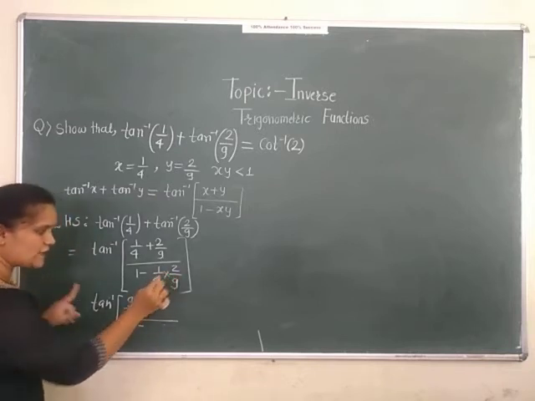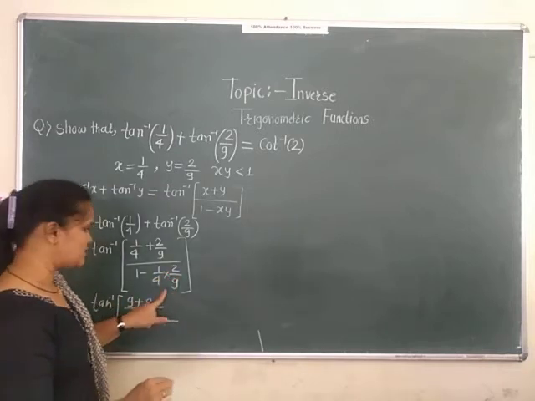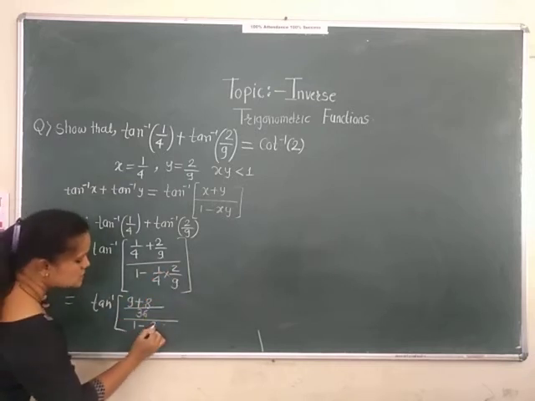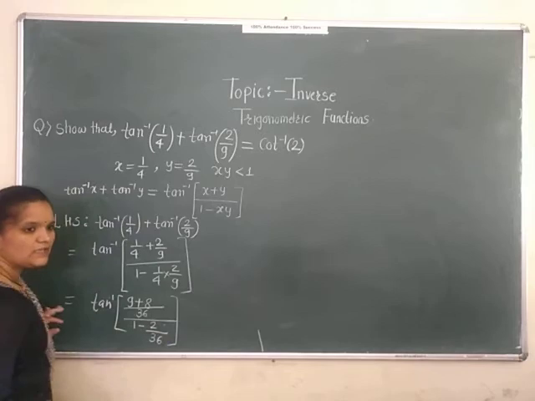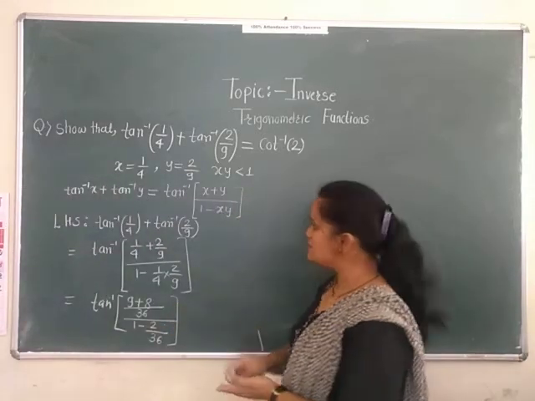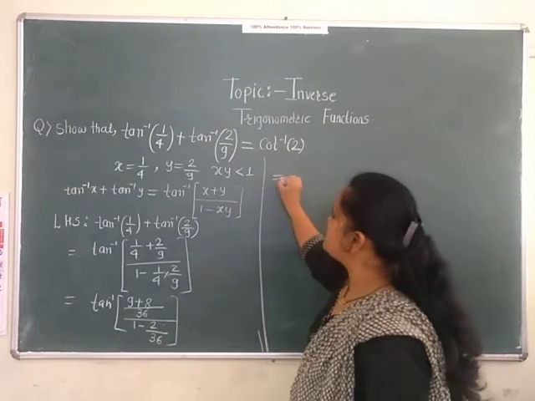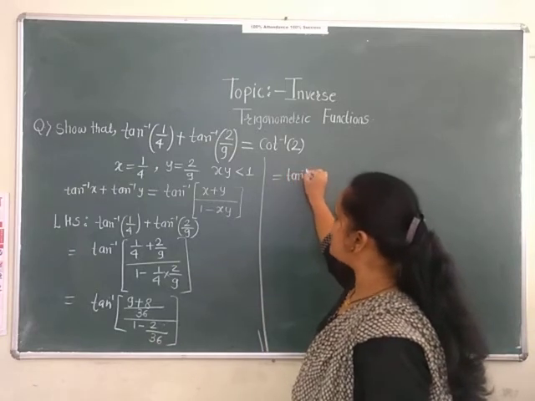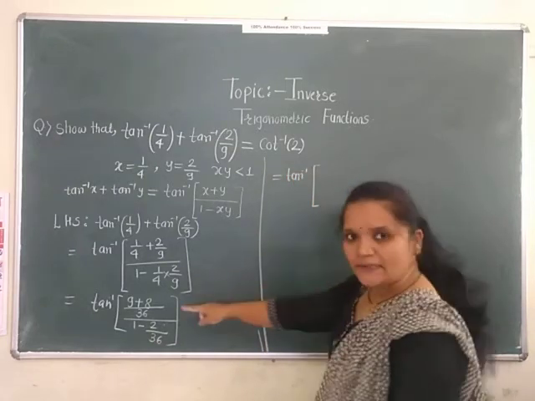Now there is a direct multiplication of these two fractions. So 2 into 1 is 2 divided by 36 in this way. Now further do these calculations. So it is equal to tan inverse in the bracket 9 plus 8.